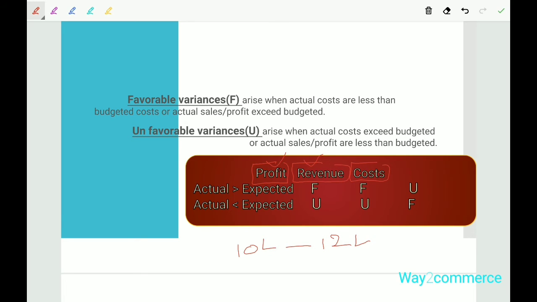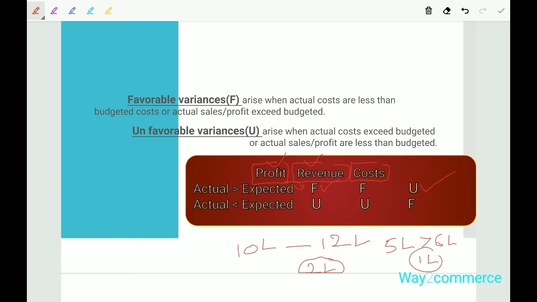We are happy because 2 lakhs excess. It is favorable. Actual greater than expected, it is favorable variance in respect of profit and revenue. In respect of cost, it is unfavorable because we estimated cost as 5 lakhs. Actually, it takes 6 lakhs. So 1 lakh is the unfavorable. So this is the first one.